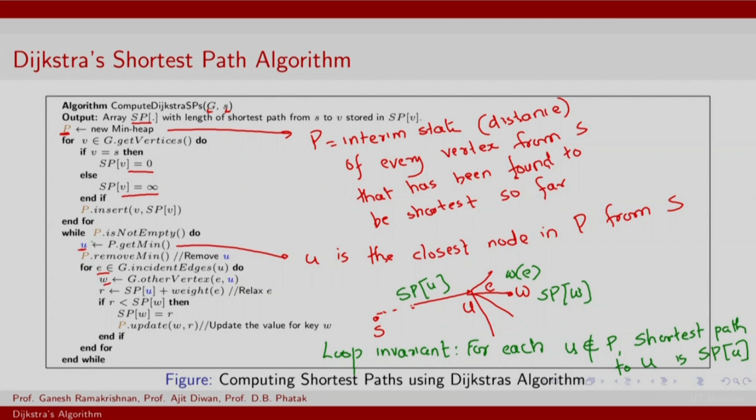So in fact that is why we keep iterating till P becomes empty, and we can easily prove this as follows.